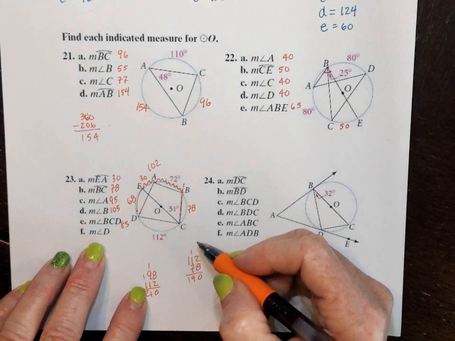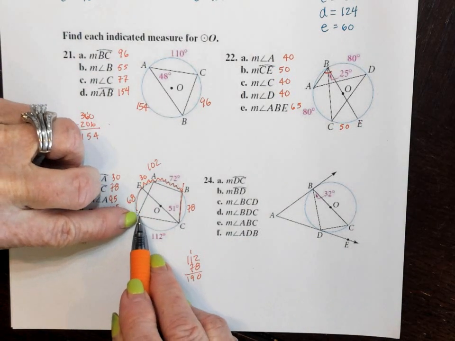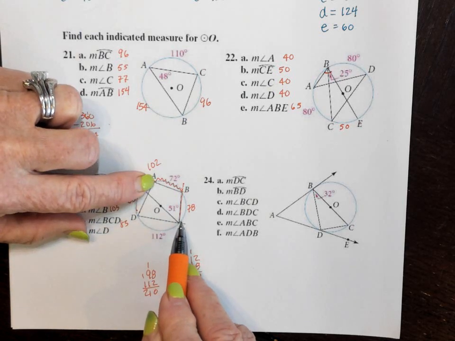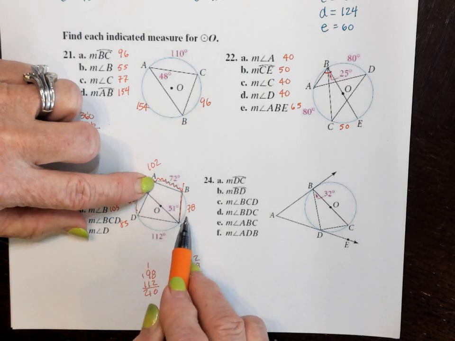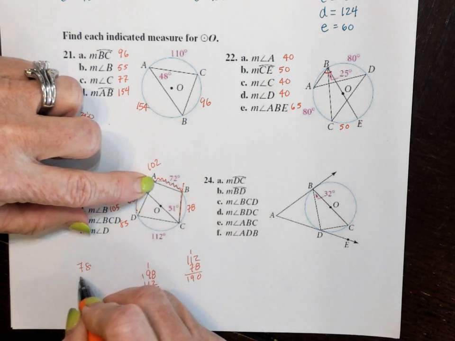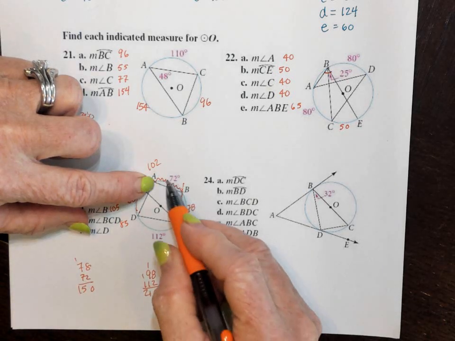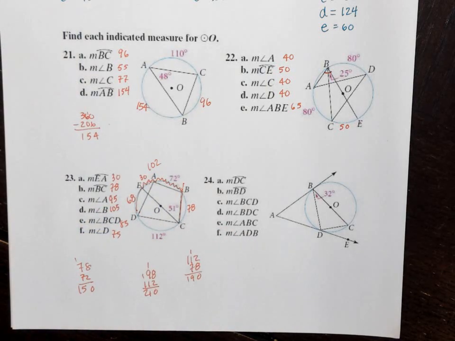Angle D, oh boy, its arc for angle D, follow the sides out. It's going to be a 78 and a 72. 150, and half of 150, 75. Whew. That's a tough one.